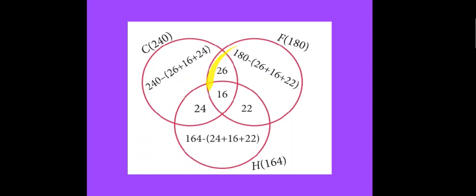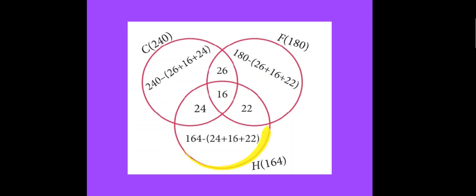Similarly, come to this circle, we should subtract all these three values from the F, then we will get the persons who play football only. And here also the same calculation.